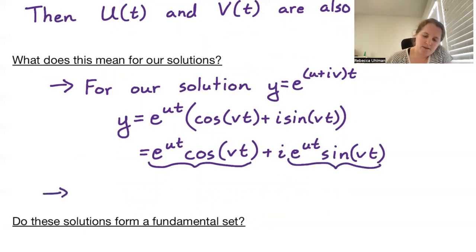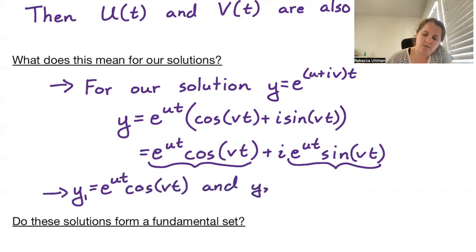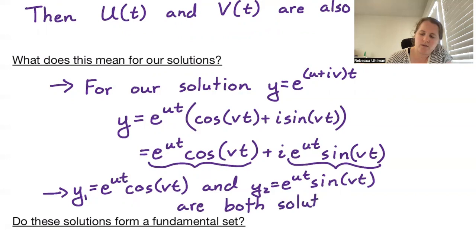Both of those are solutions. We get that y1 equals e to the ut cosine of vt, and y2 equals e to the ut sine of vt are both solutions. So we're using a mix of Euler's formula and the fact that the real component and imaginary component of our solution are also solutions to the same differential equation.